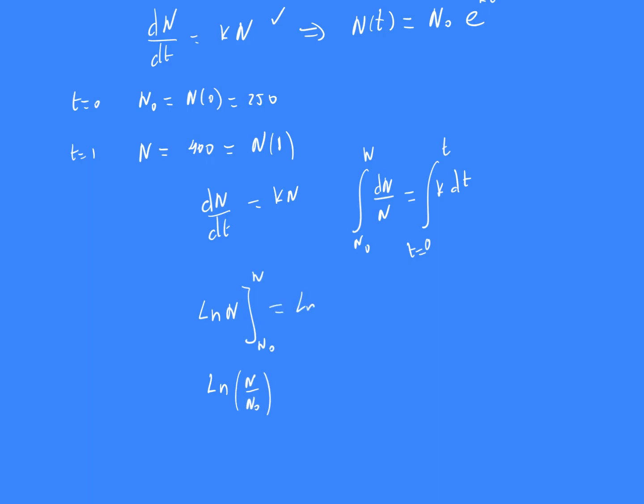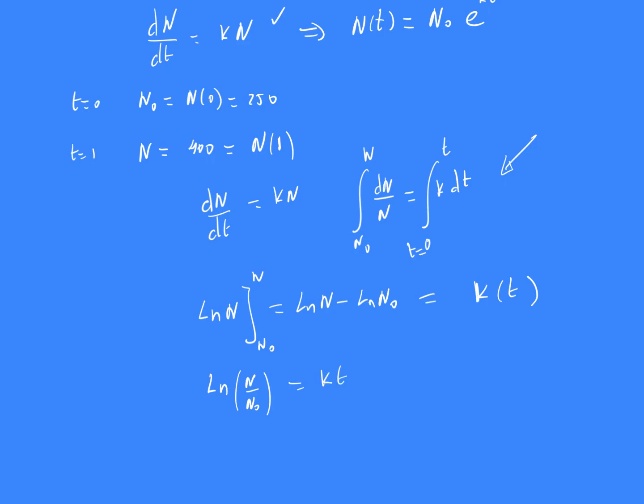So this is the natural log of N minus the natural log of N0, which is the natural log of N divided by N0, and the right side of this equation is k times t minus t0, but t0 is 0, so it's k times t.